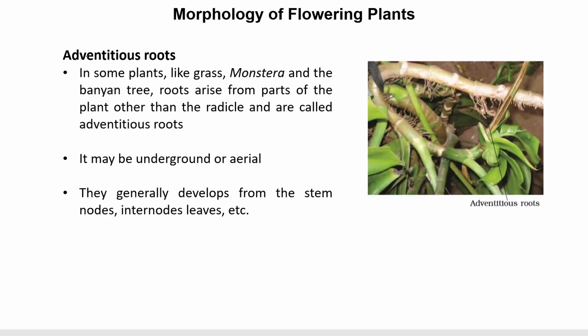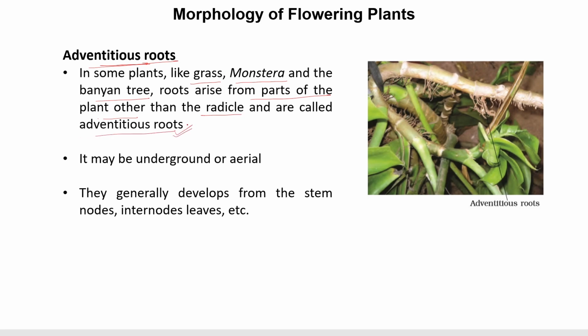The third type of root is the adventitious roots. In some plants like grass, monstera and the banyan tree, roots arise from parts of the plant other than the radicle and are called adventitious roots.